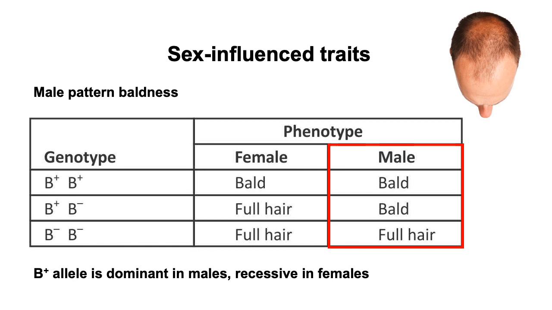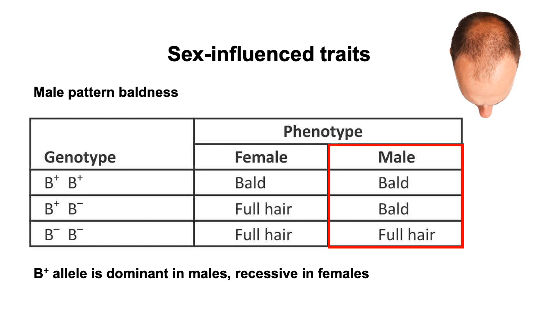In sex-influenced traits, in this case, the phenotype is actually influenced by hormones. Of course, males have much higher levels of testosterone than females do, and because of those different hormone levels, the phenotypes are different in men and women, and men tend to show this male pattern baldness more than women do.